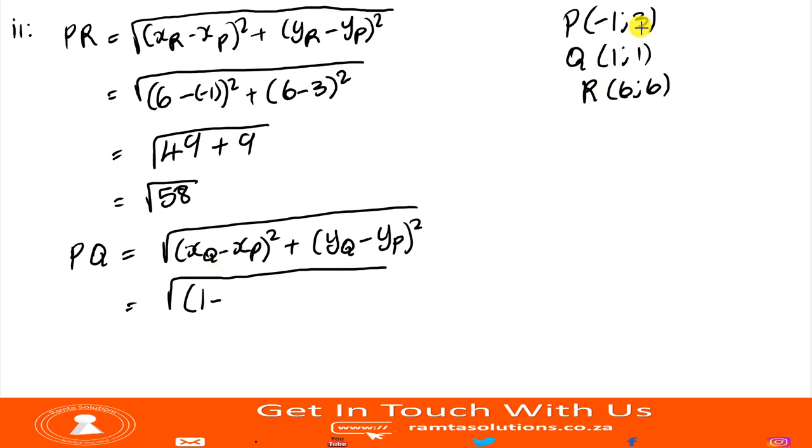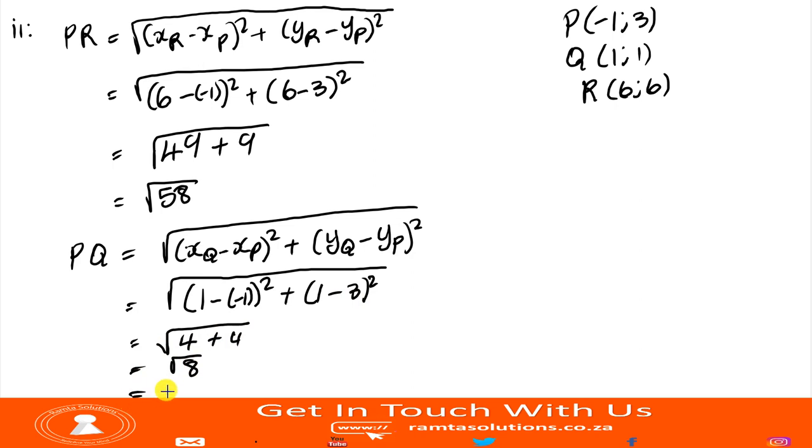So 1 minus -1 is 1 plus 1, which is 2. 2 squared is 4. Now, y of Q is 1, y of P is 3, so what is 1 minus 3? It's -2. -2 squared is 4, right? So this is square root of 8.